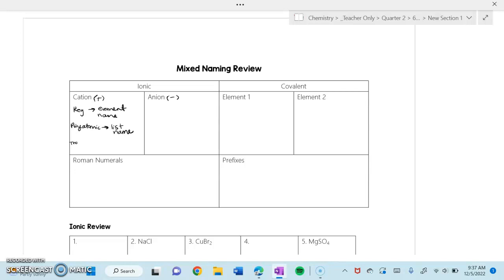And if it is a transition metal, then put the element name with the charge in parentheses after it as a Roman numeral.